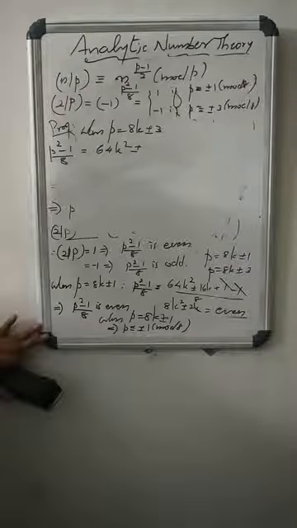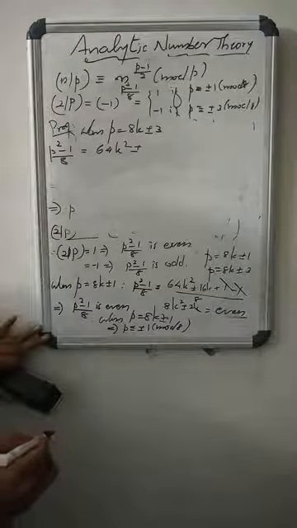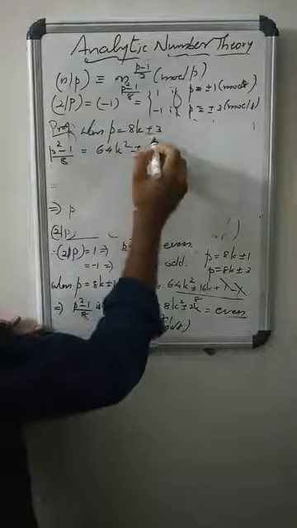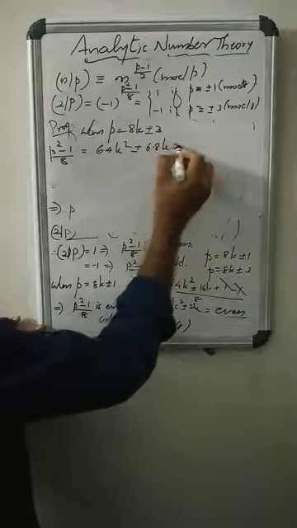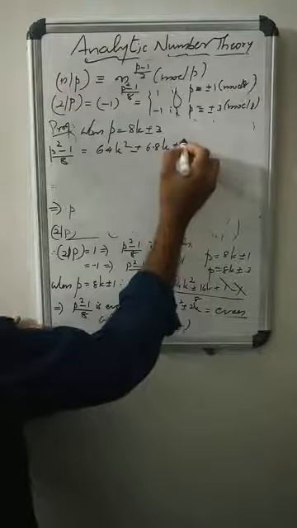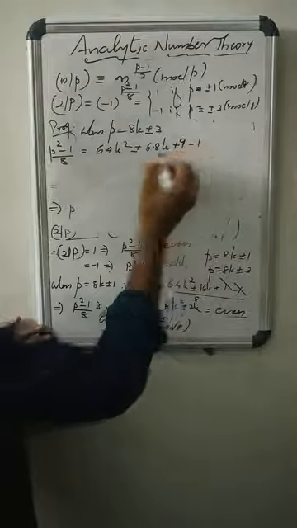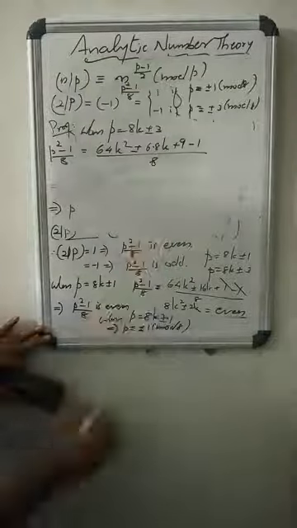It is 64k² plus or minus 6 into 8k, plus 9, then minus 1, all divided by 8.